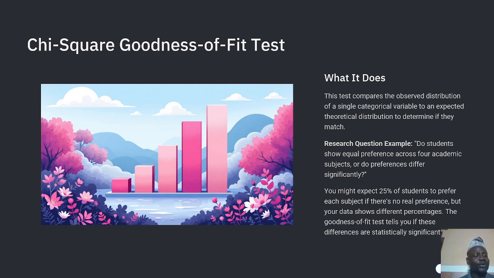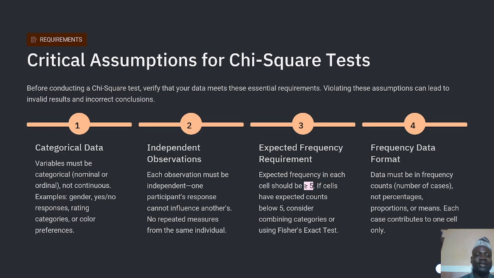We are just looking at school type preferences. So we expect that 90 parents will do 30-30, but the observed may differ. So we will check whether there is a significant difference between the expected and the observed. So the goodness of fit tells you if the differences are statistically significant.